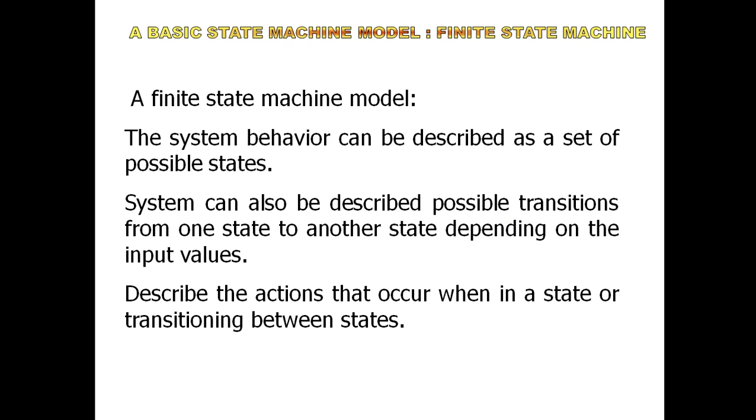A system can also be described by possible transitions from one state to another state depending on the input values, and by the actions that occur when in a state or transitioning between states. Let's go to the next slide.